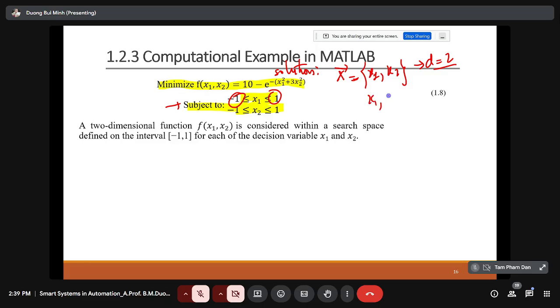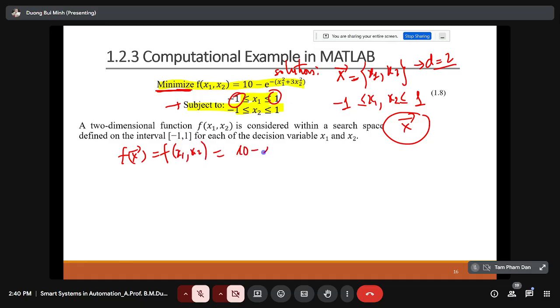So x1 and x2 must be greater than or equal to -1 and less than or equal to 1. The question is, please find the optimal solution x such that we get the minimization of f(x). Now f(x1, x2) equals 10 minus e to the power of some expression. So we try to minimize f(x) by finding the optimal solution.